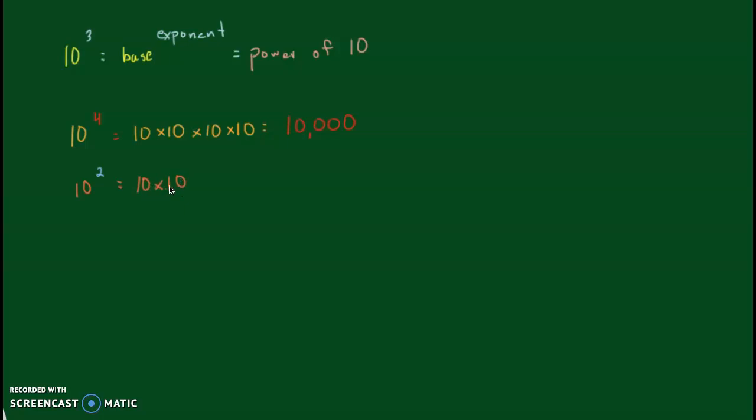We have 2 tens that we're multiplying together based on this exponent, and that is going to give us an answer of 100. So 2 is our exponent, we have 2 tens we multiplied together, and we get 2 zeros in our answer.